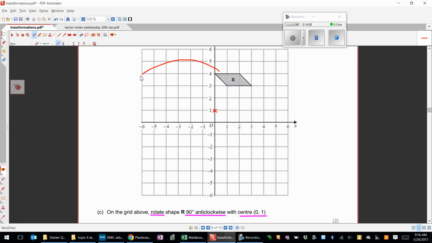Right. Now, I'll give you another tip. When you're going to do it, and it's got to be exactly 90 degrees, if you need to, on your tracing paper, draw a little bit of the line that's the axis, because you want that to match up with the line that's 90 degrees.